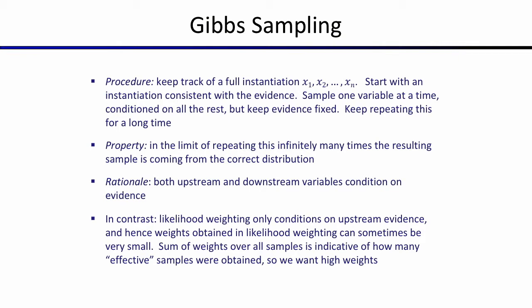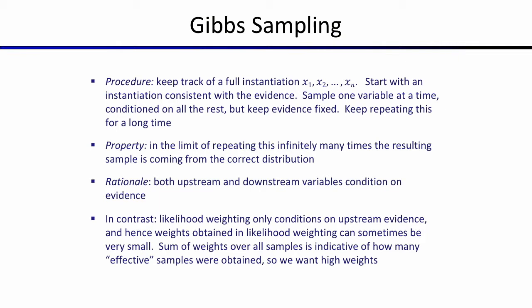We start with one full instantiation and start making changes to this instantiation until we get the sample that we want. So we start with one instantiation that is consistent with the evidence. That's good. Sample one variable at a time, conditional on all the rest, but keep evidence fixed. And keep repeating this for a long time.